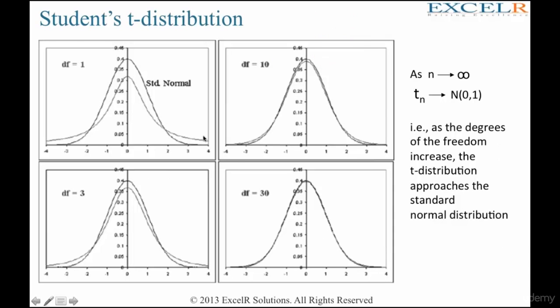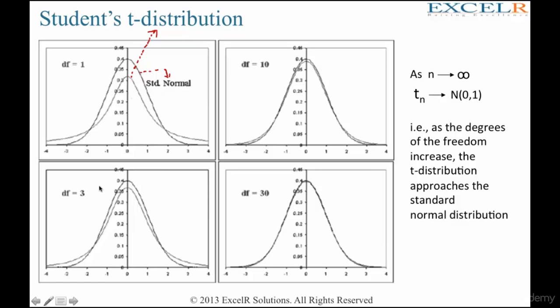That's one thing. All right, look at this. This curve that you see here is of standard normal distribution. And this curve that you see here is t-distribution. This t-distribution is also called as student's t-distribution. For degrees of freedom equal to 1, that is sample size of 2, there is a lot of dissimilarity between your standard normal distribution and your t-distribution.